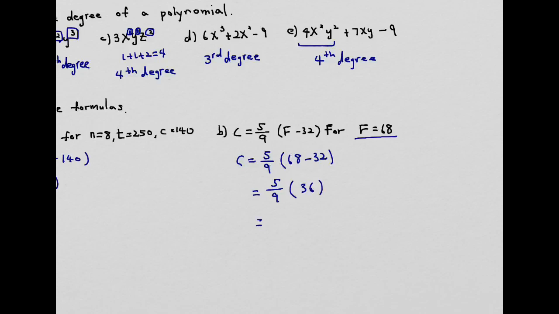This one looks simple, so let's see what I can do. 36 is the same as 36 over 1. And it looks like 9 goes into 36 4 times. So now I have denominator 1 times 1. Numerator is 5 times 4, which is 20. So 20 over 1 is what I have, which will be 20 for my C.